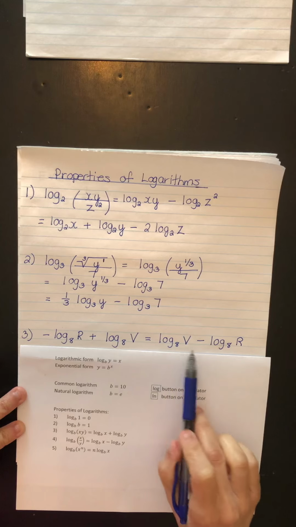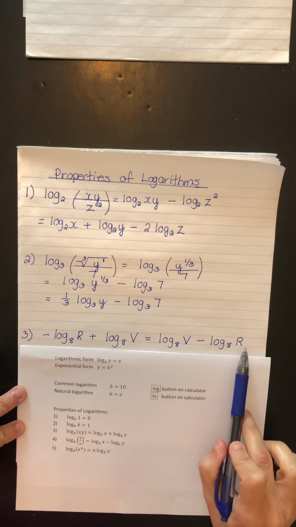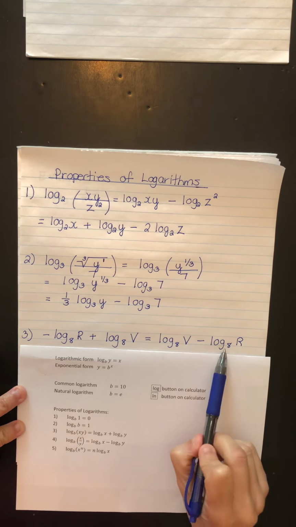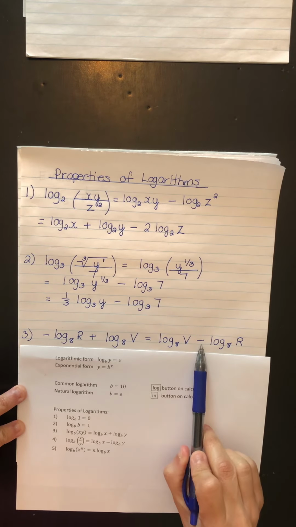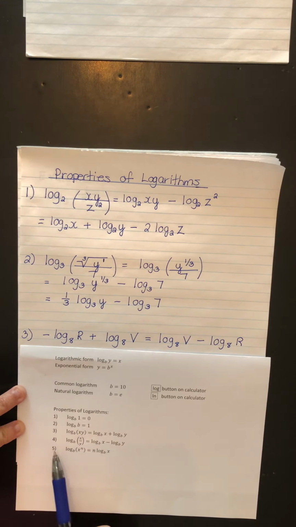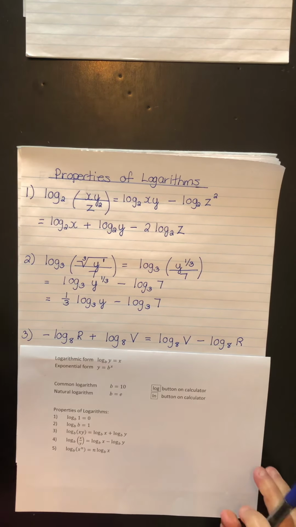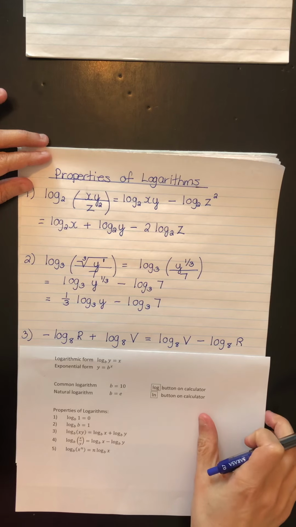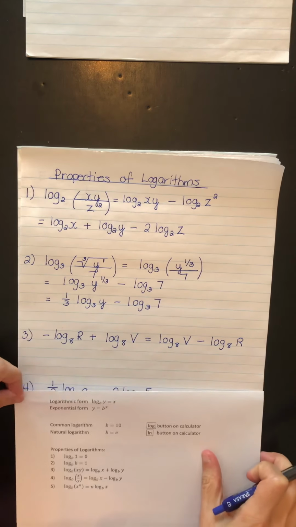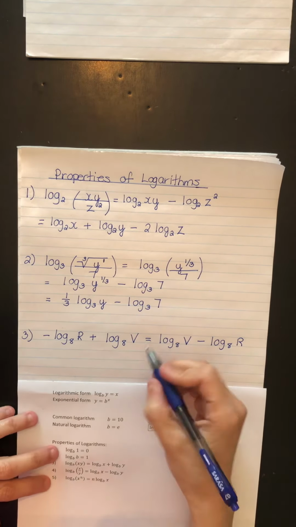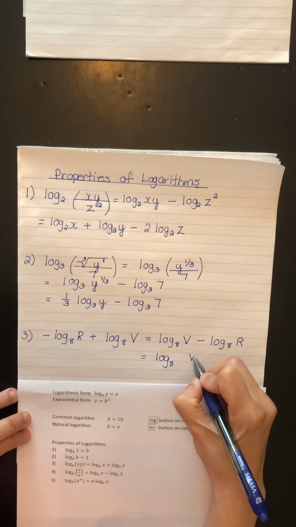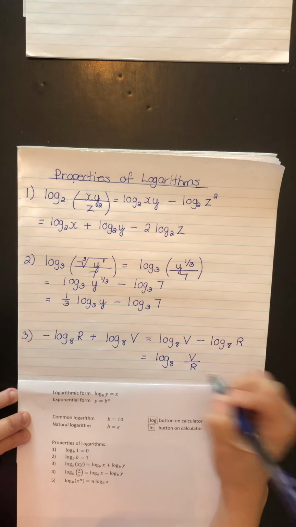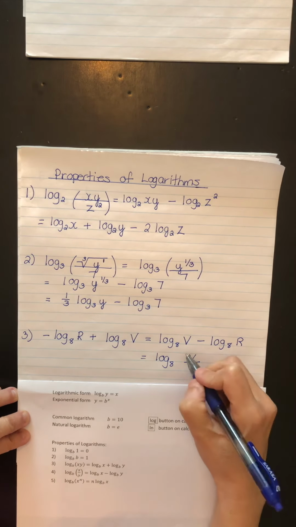So log v minus log r. The base, of course, is 8 for each logarithm. We now have a difference, and we can use property 4. So we will be combining now into a quotient. So v over r will be the correct argument.